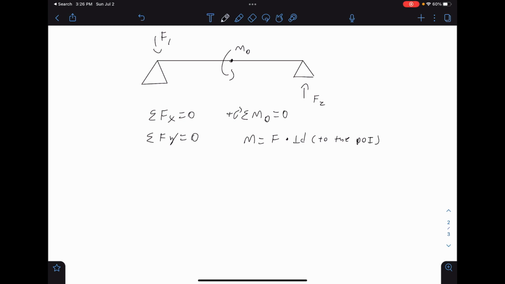And that point of interest creates a line of action, and the line of action is always going to be perpendicular to our forces applied. And if you apply a force along the line of action, our moment is equal to zero. So when is our moment equal to zero? When force is applied along the line of action.